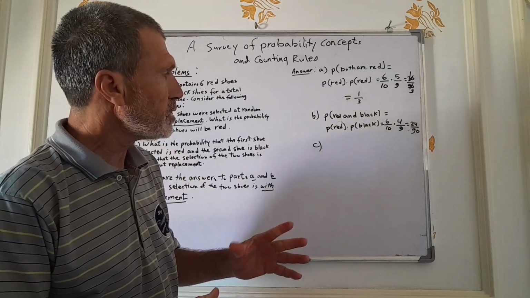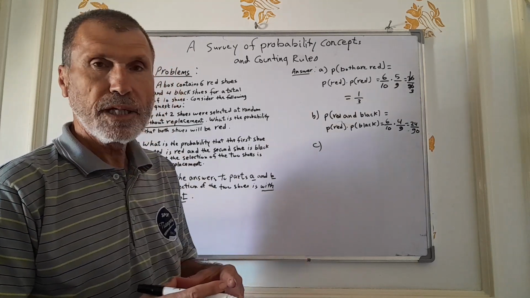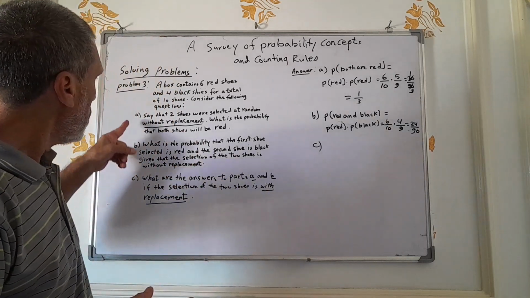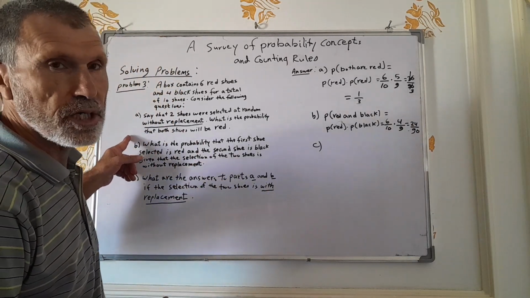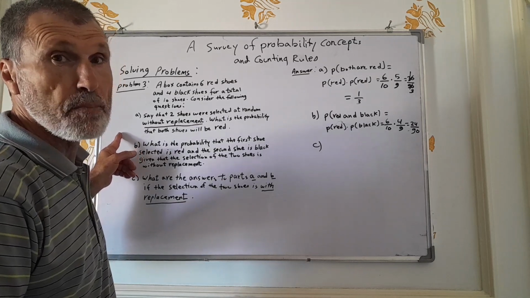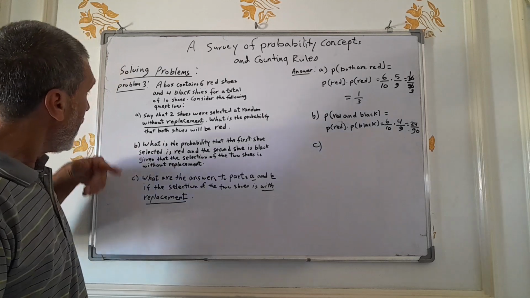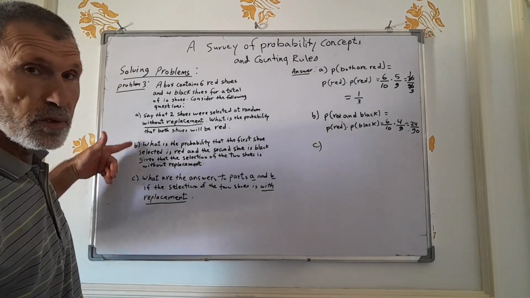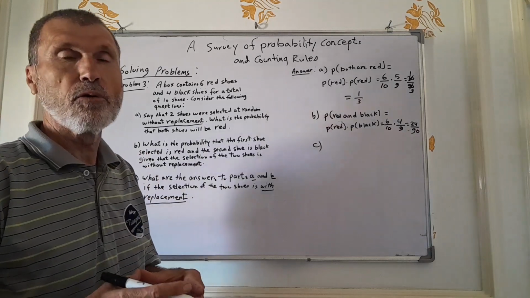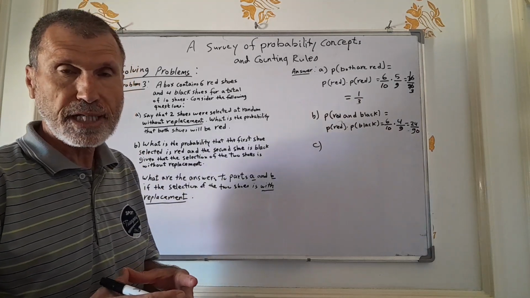So here, of course, the answers will be different, because in parts A and B, we used the general rule of multiplication because the events are dependent.